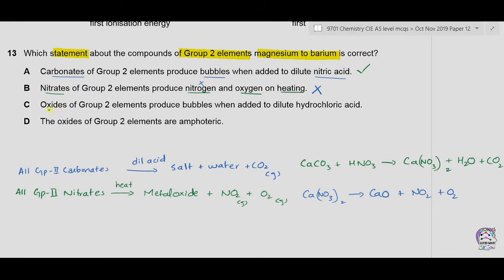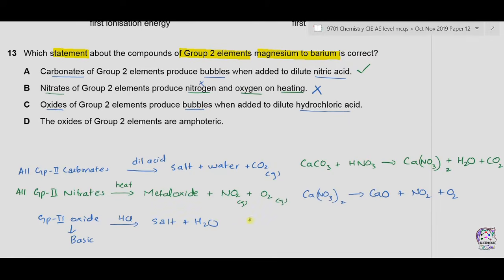Option C, oxides of group 2 elements produce bubbles when added to dilute hydrochloric acid. We can say that group 2 oxides are actually metal oxides, so therefore they are basic in nature and they will react with HCl to form salt and water. So as no gas is being produced, so therefore no bubbles will be seen.